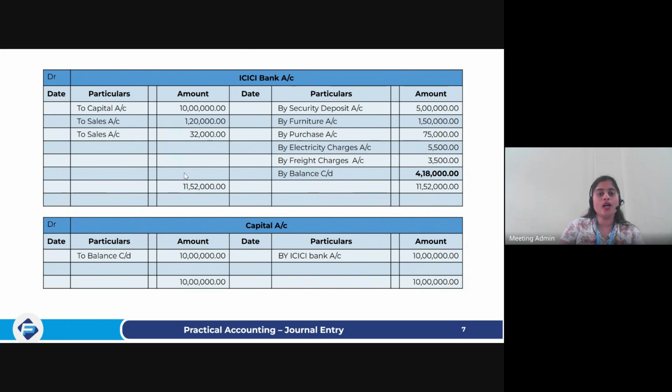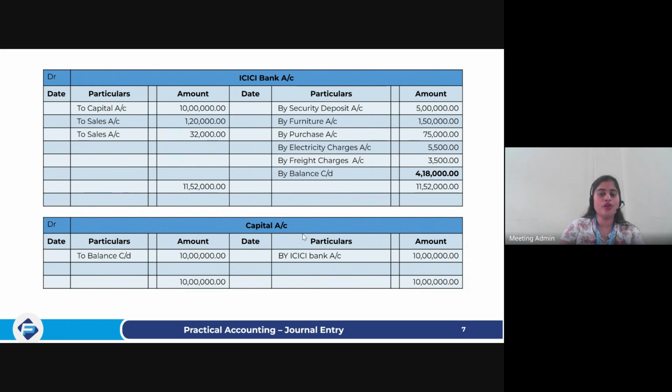So the remaining amount you will carry forward on the credit side, because it is not tallied there. As I already said, assets, liabilities and capital we will carry for the next year. So here also the capital is there, assets also are there, and each and everything we are going to carry for the next year. That's why balance carried down 4,18,000.